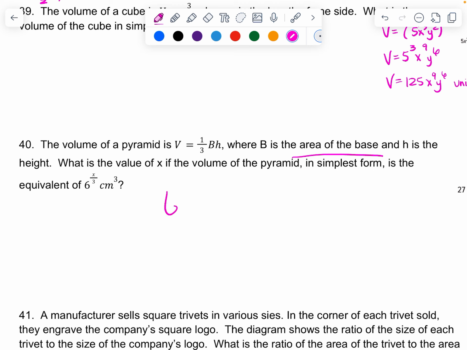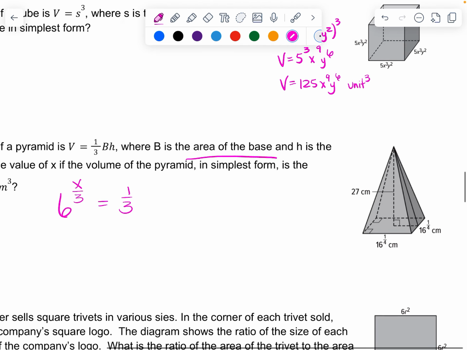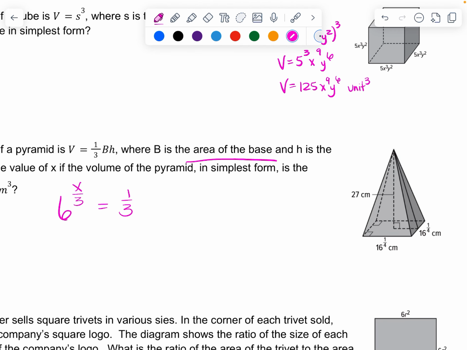So I have 6 to the x over 3 equals 1/3 the area of the base. So 16 to the 1/4 times 16 to the 1/4, because that's a square on the bottom, times the height, which is 27.